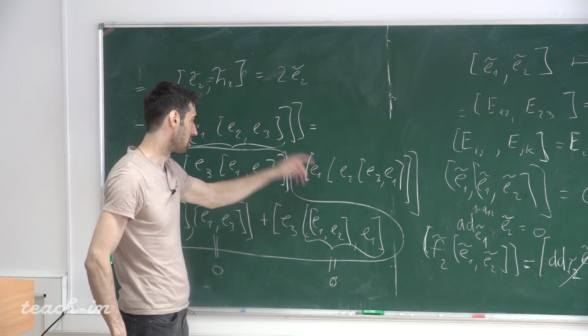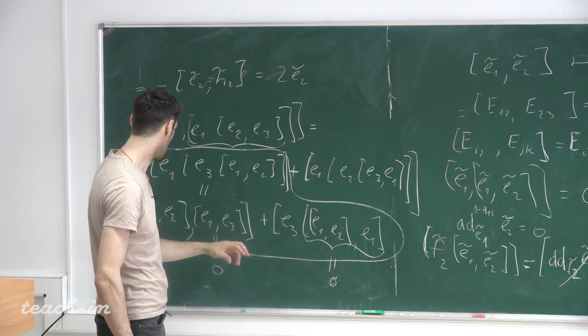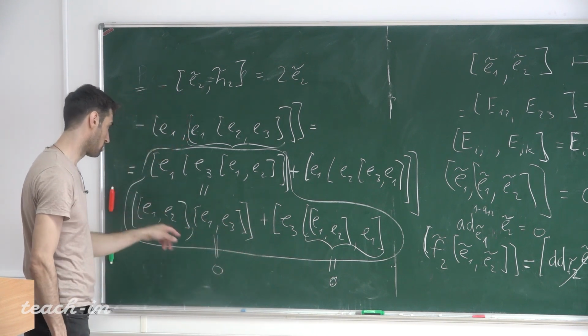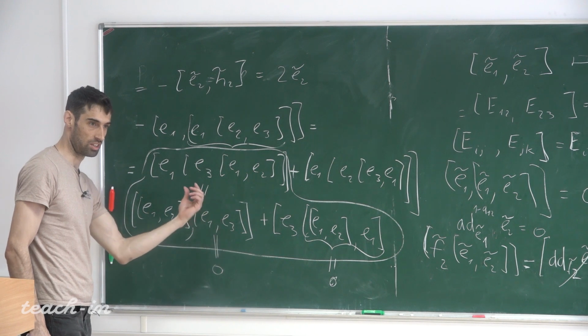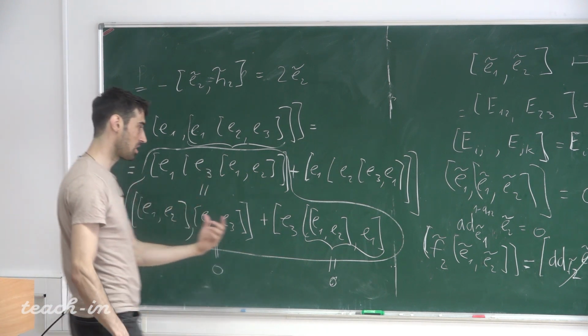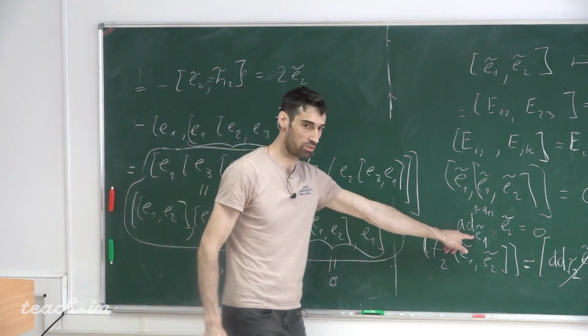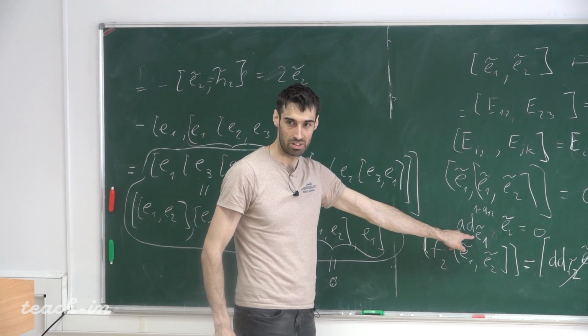So I actually apply the Jacobi identity one more time, and then I'll get a term of this sort where one of the commutators is 0 because e's are too far apart. And one commutator of this sort which is 0 because of the Serre relation.